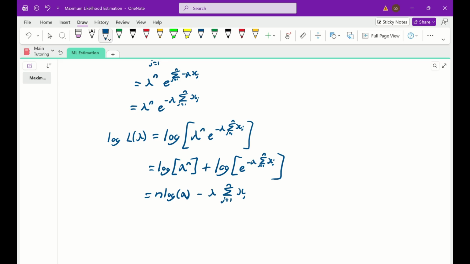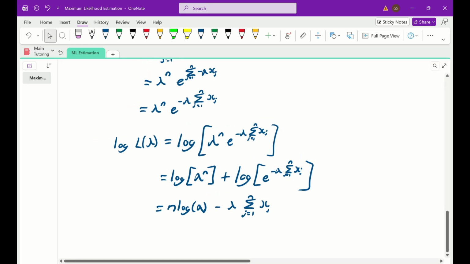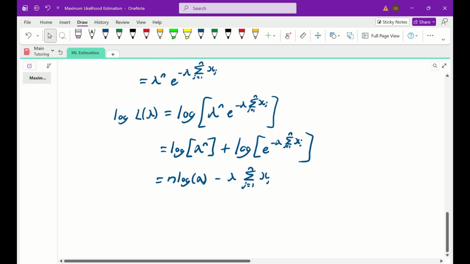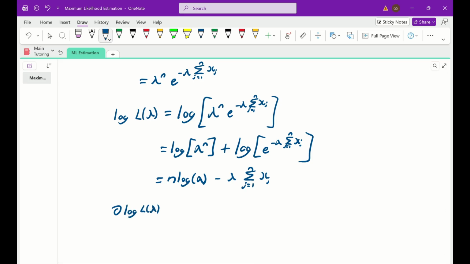Now we compute the score statistic. Remember, the score statistic is just taking the derivative of this with respect to lambda. So I take the derivative of the log likelihood function with respect to lambda. That is equal to, if we look over here, the derivative of this with respect to lambda is n over lambda.